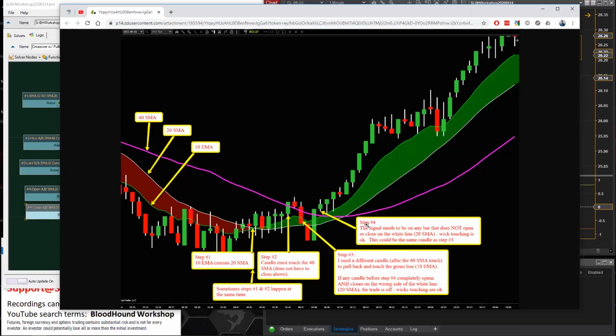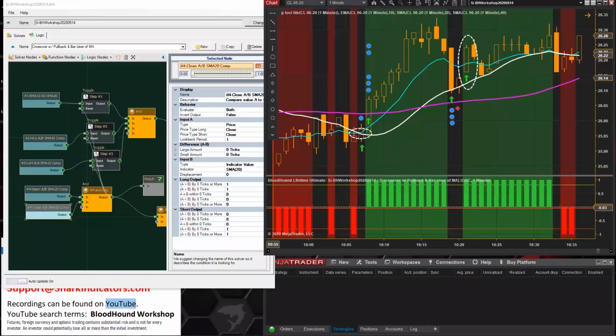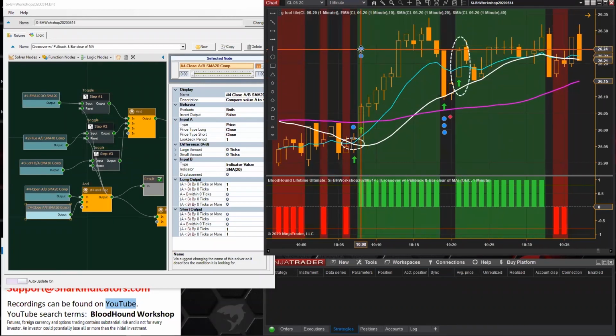It says step 4 could be the same candle as step 3. So step 3 and 4 could be the same candle, but step 2 and 3 need to be different candles. All right, sorry about that. I was on the right track originally. So let's do some readjustments.